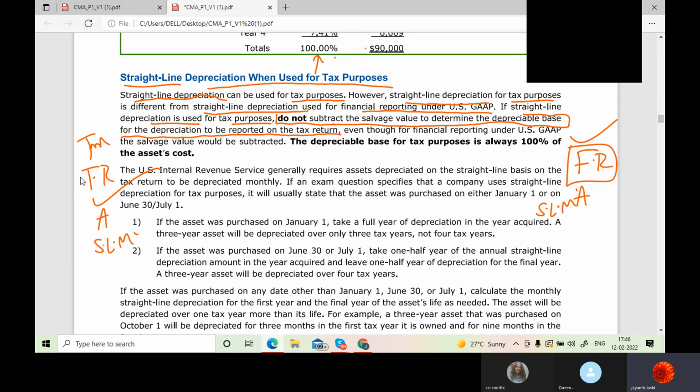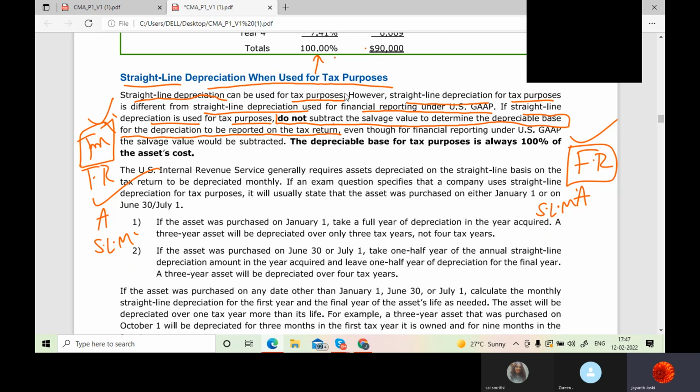So here in case of tax filing, when you prepare a tax return, the straight line depreciation treatment should be given as per the tax codes or rules.